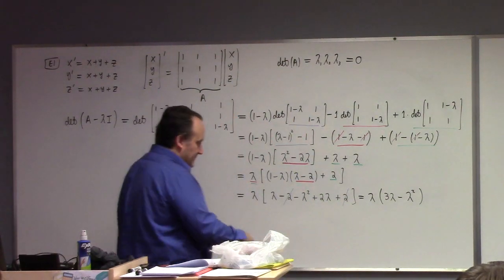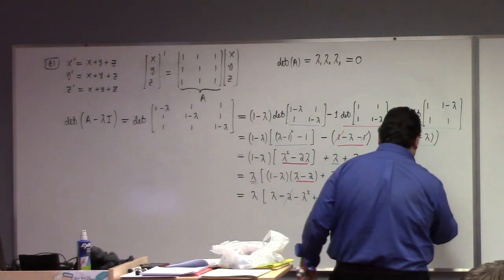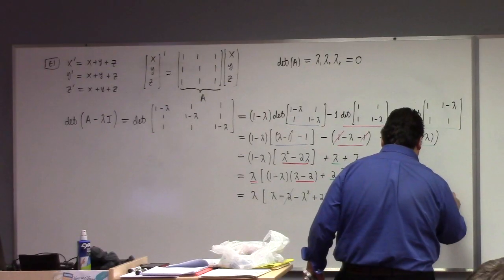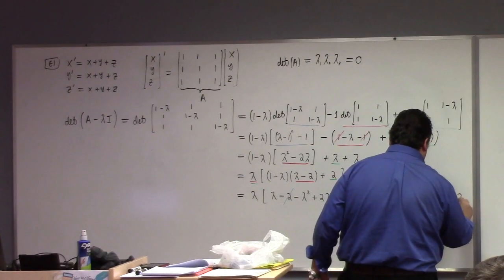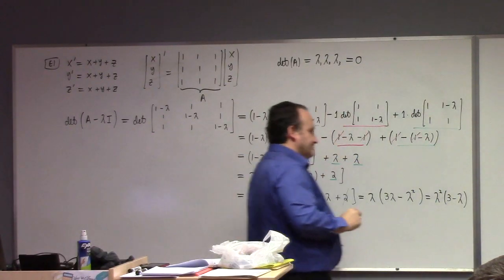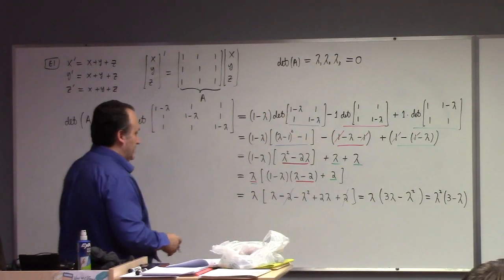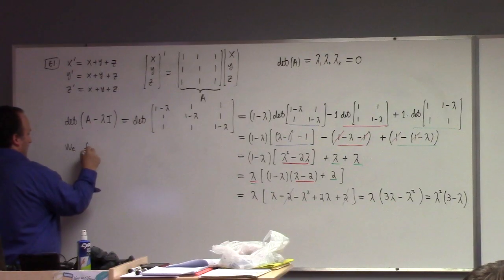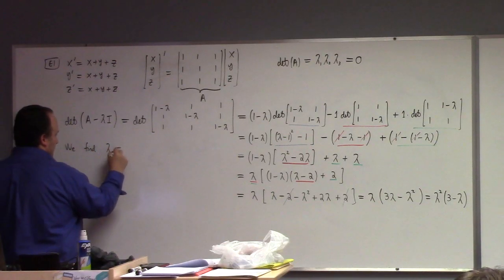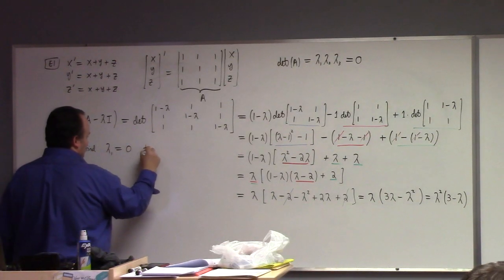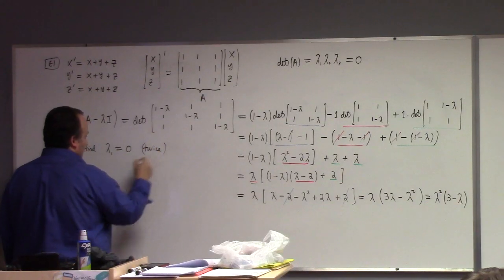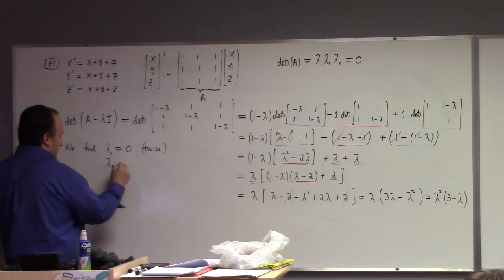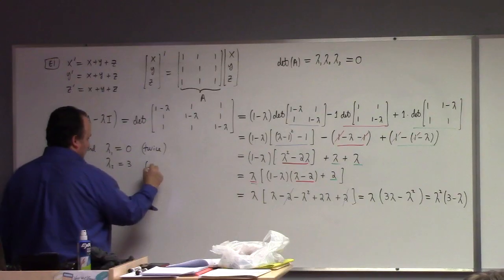So I can factor that, and that gives me lambda squared times 3 minus lambda. All right, so we find that lambda 1 is equal to 0 twice, right? That's a double root. And we find lambda 2 is equal to 3, just once, right?